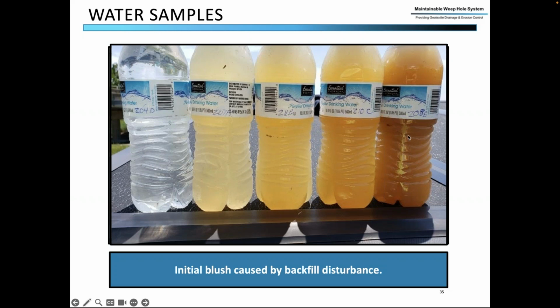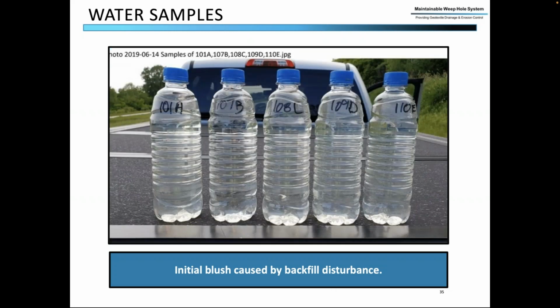Well, what the engineer had determined is that this was a result of the initial blush that was caused by how much the backfill was disturbed during installation. Because when he came back a week later, all of the filter fabrics were flowing and none of them were passing any soil fines. And this phenomenon continued for the entire 2 years, with one exception.